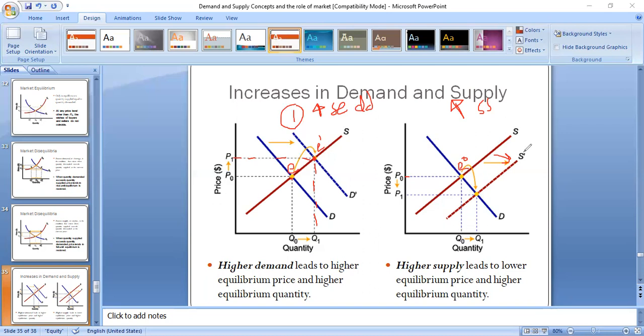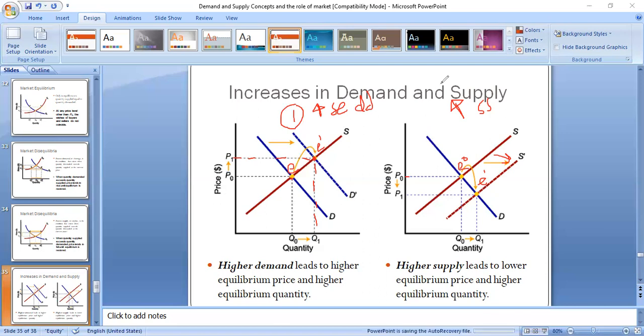And when there is an increase in supply, shown by the shift of the supply curve to the right or outwards, brought about by the non-price factors that affect supply, we shall have a new equilibrium that I can call E prime, also generating a new equilibrium price P1 and a new equilibrium quantity Q1, right?